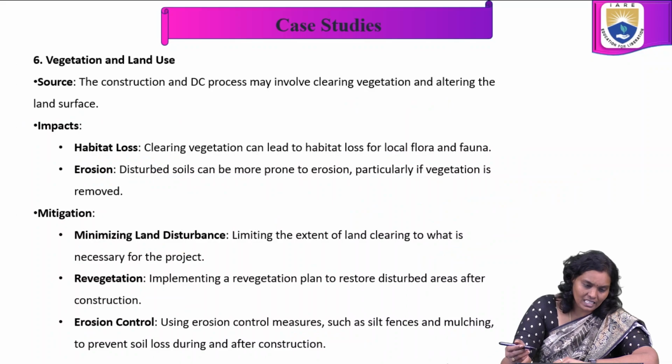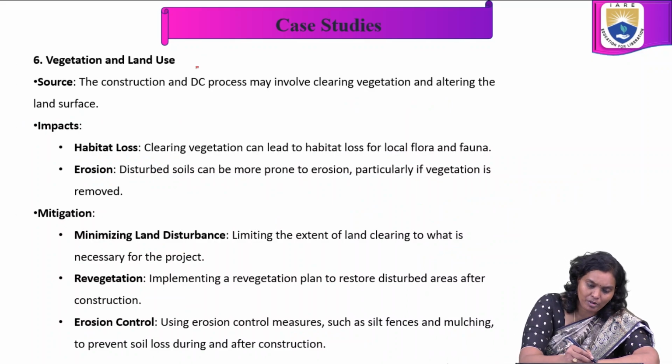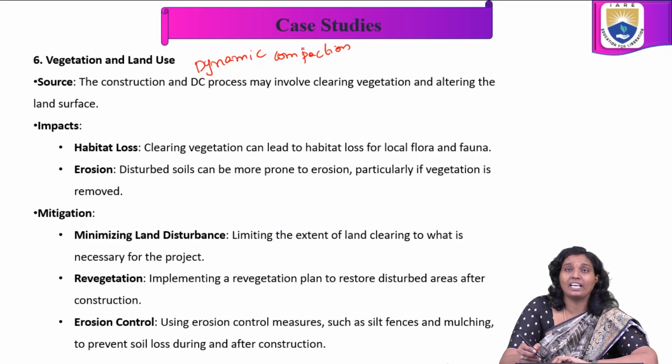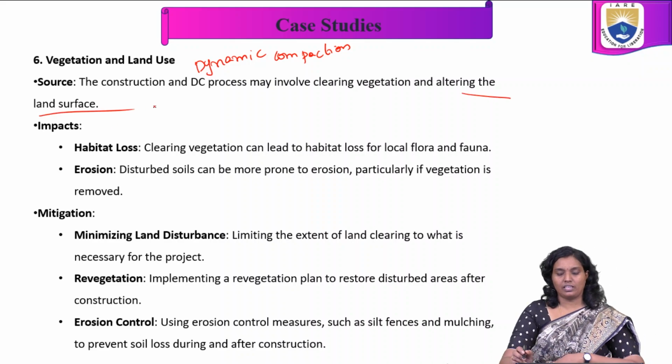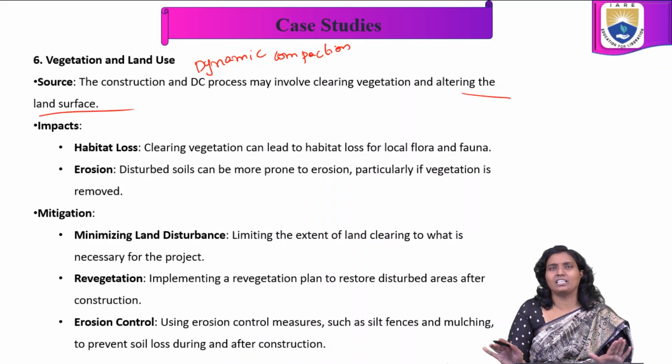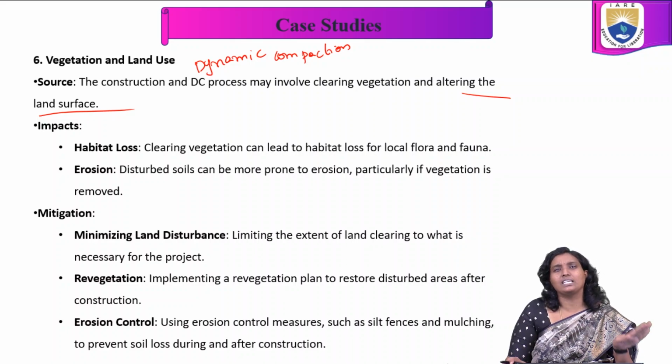And now vegetation and land use. The construction and the dynamic compaction technique process may involve clearing vegetation and altering the land surface. Because if any vegetation or plants are there, to use this land we have to remove all of these.